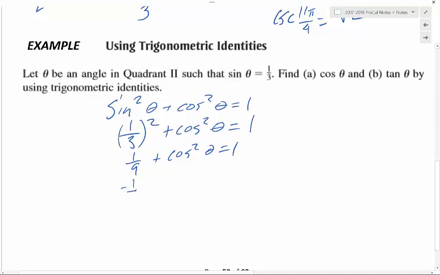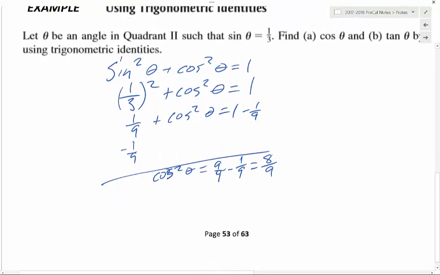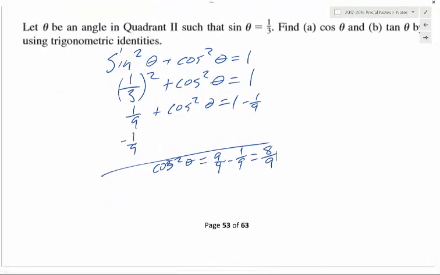So I'm going to subtract 1/9 from both sides. So I'll get 9 over 9 minus 1 over 9, and I will have 8 over 9.